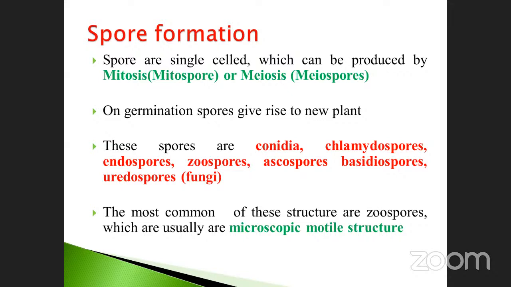Those things we will study in mycology. The science that deals with the study of fungi is called mycology. Just note that down. So the most common of these structures are zoospores, which are usually microscopic motile structures. Go to the next slide, students.